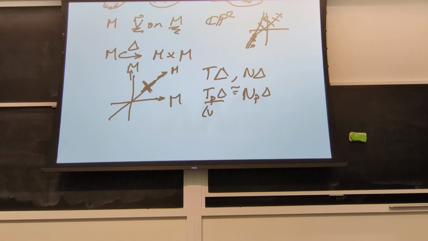So this will correspond to vectors with (v, v). And you can send this to the vector (v, minus v), and then that'll be in this normal bundle part.